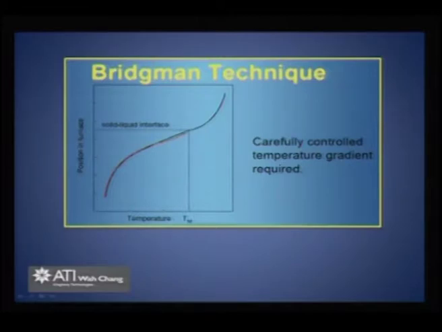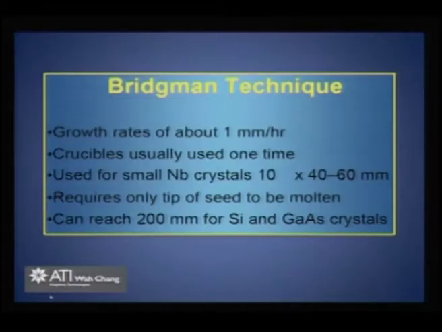Therefore you need to go through a temperature gradient like this before you realize your crystal. So this is the type of profile, or the temperature position graph, that you should optimize for your Bridgman technique.